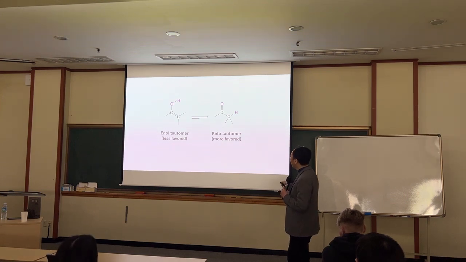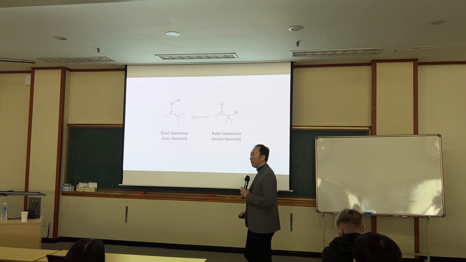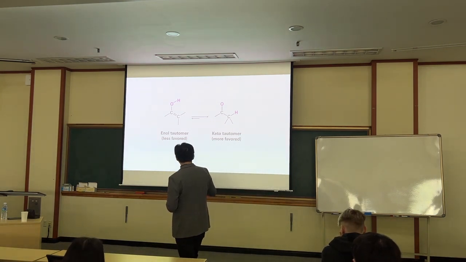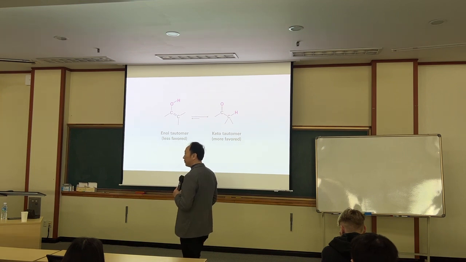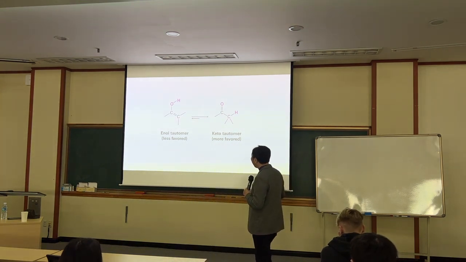This kind of structure we call an alcohol on an alkene, an enol. This is rearranged to form this. Electron movement: this pi electron is given here, and then this one is given here, and it moves to this form.